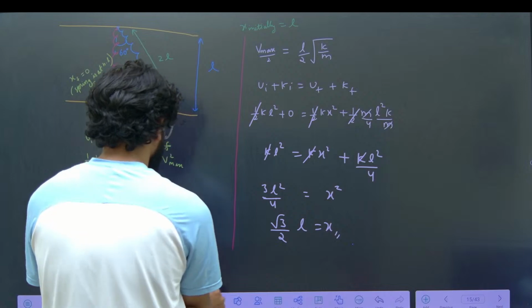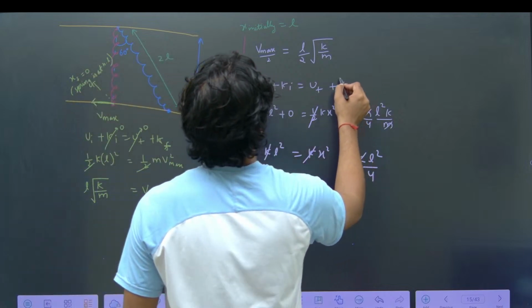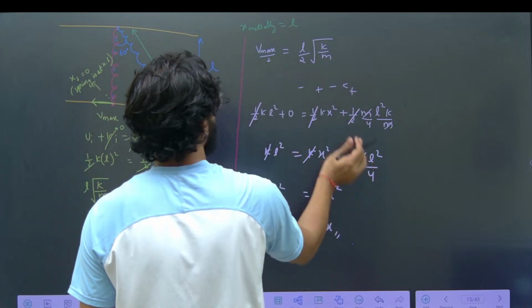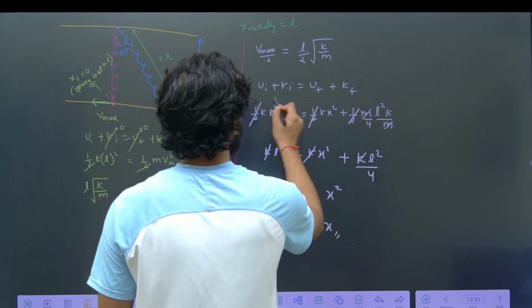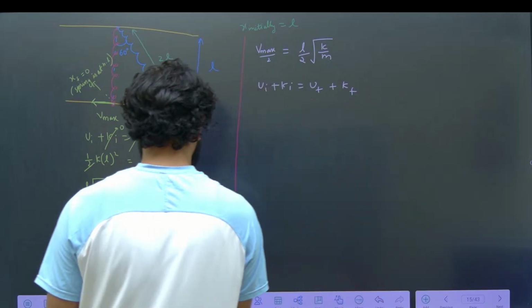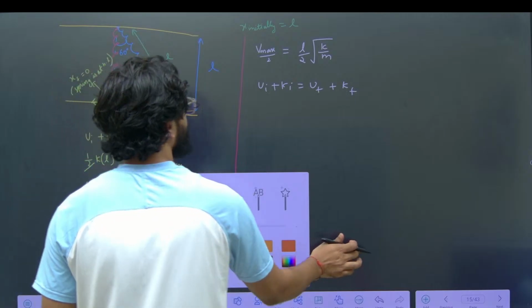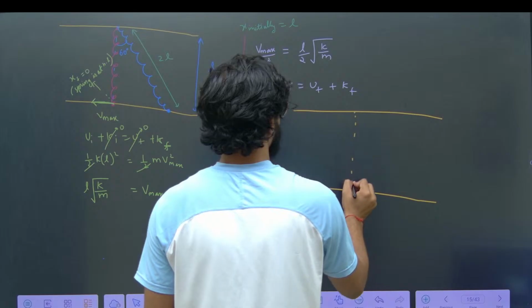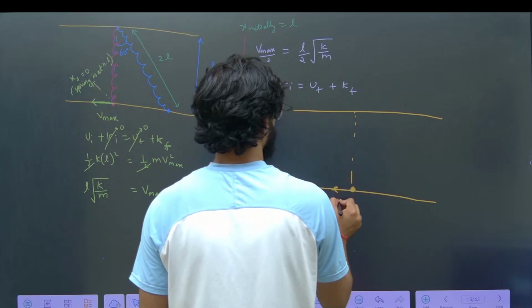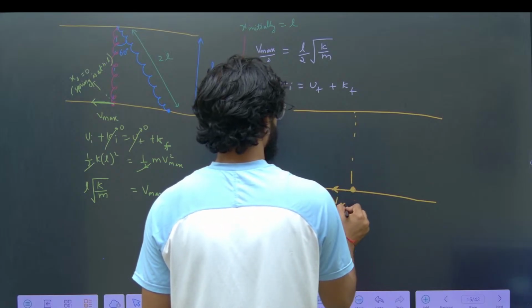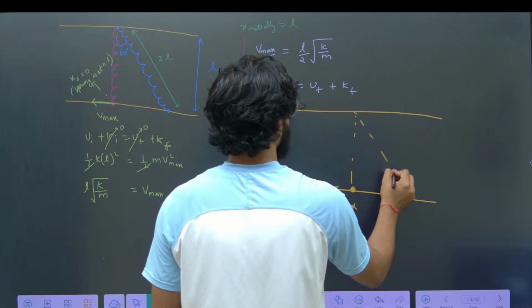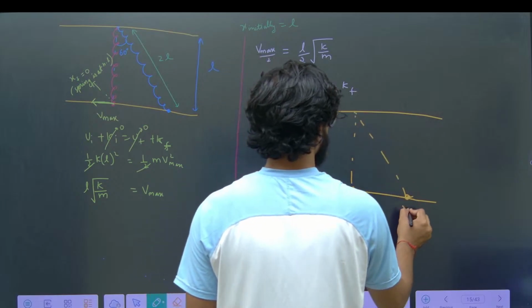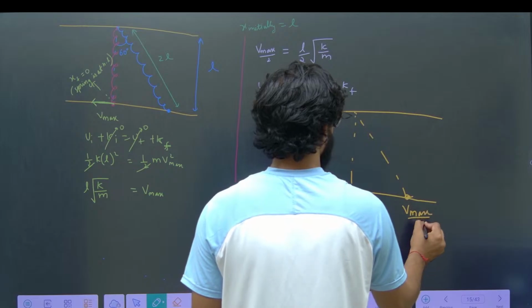If I apply Ui plus Ki equals Uf plus Kf from this point, let's say here v max and here v max by 2.